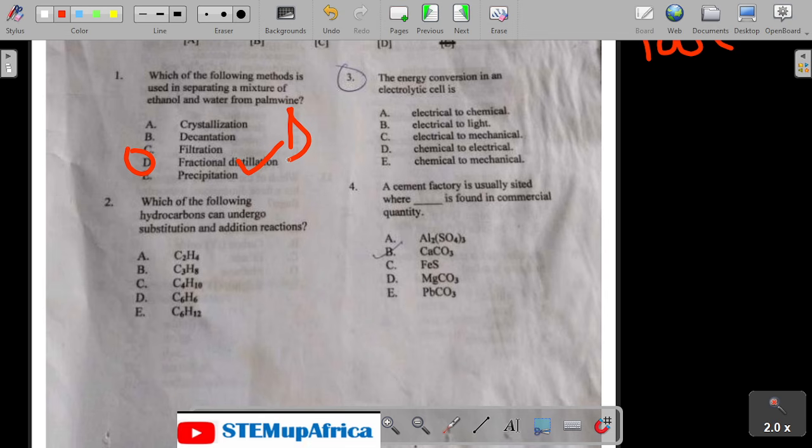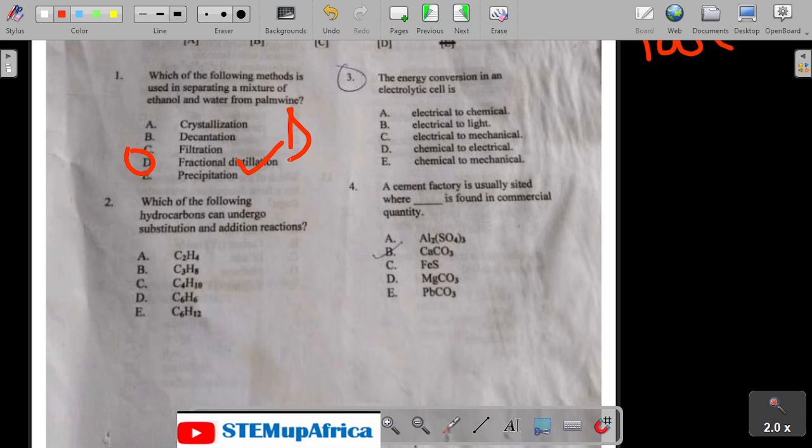Which of the following hydrocarbons can undergo substitution and addition? Hydrocarbons are grouped into aliphatic and aromatic. In the aliphatic, we have ethane, which is the alkane. We also have ethyne and ethene. While the aromatic, we have benzene.